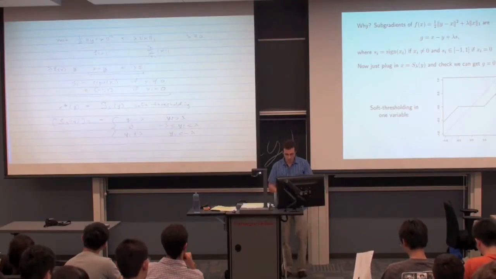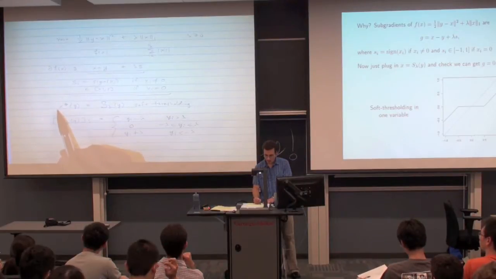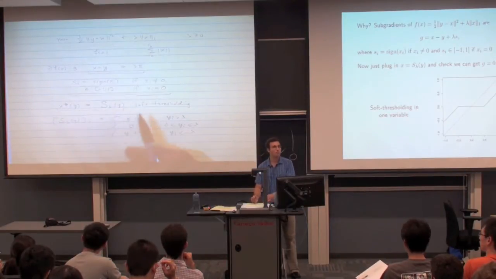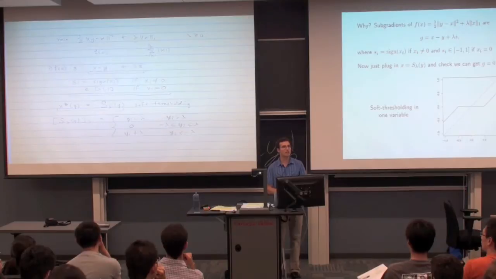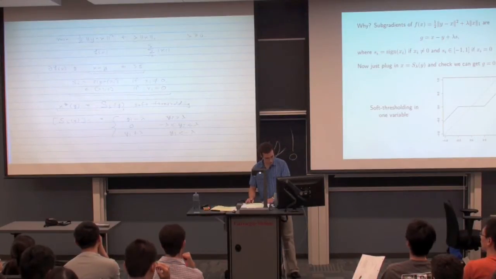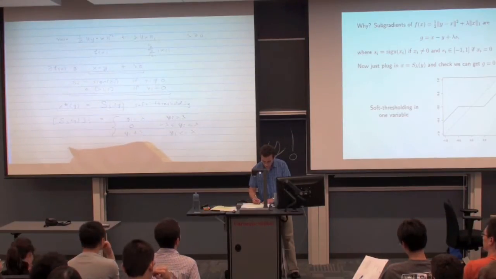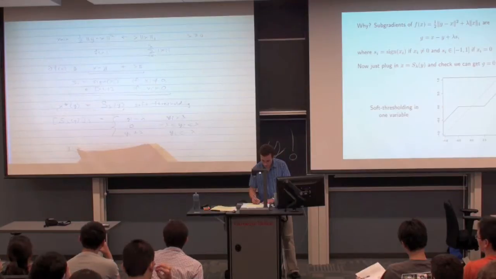So now let's plug in this proposed solution and check that we can get 0 as a subgradient. If we can, then we know it's the minimizer. We just have to look at a bunch of cases. Let's look at the case where a particular component, yi, is bigger than lambda.